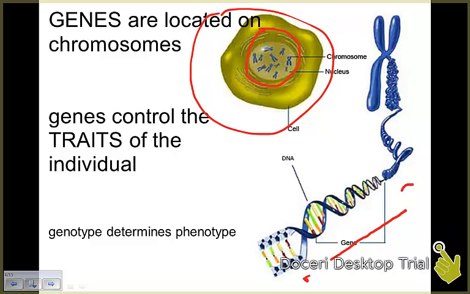If we take that DNA and we start coiling it up, remember, in interphase it looks like spaghetti. It's called chromatin. And as it coils up tightly, see how it coils up tightly, it's going to form into this X shape, the chromosome. So again, going from the inside out, we have the nucleus and the chromosome.